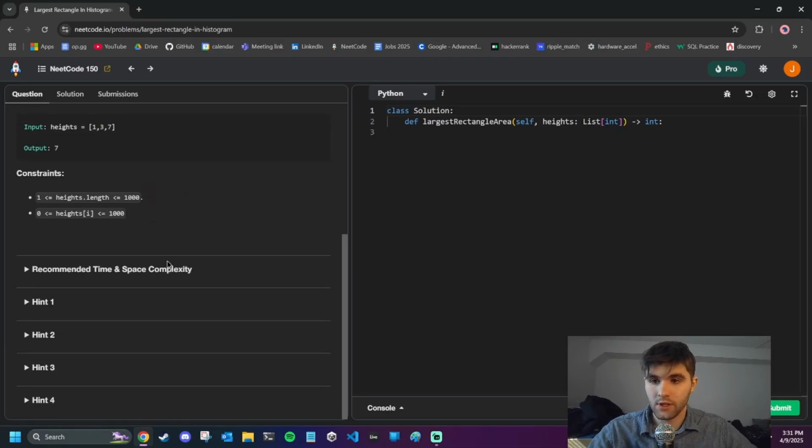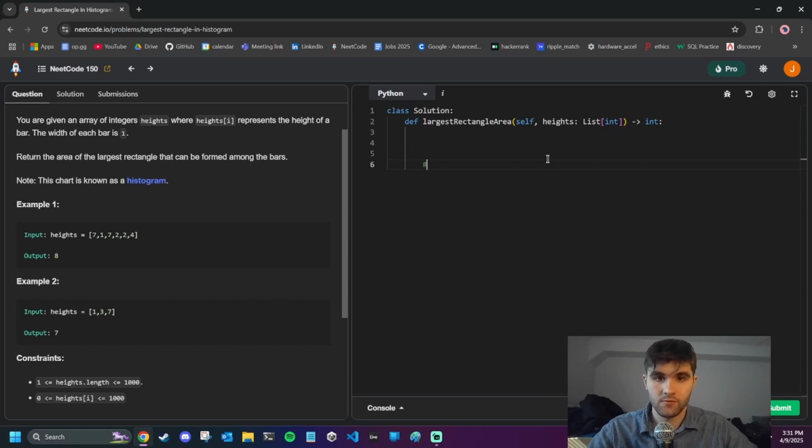So if we were to visualize this, okay, I'm going to draw this out, so bear with me here. So this is 0, so we'll have 2. Let's look at the second example, I guess. So 1, 3, and then this is 7, 5, 6, 7.